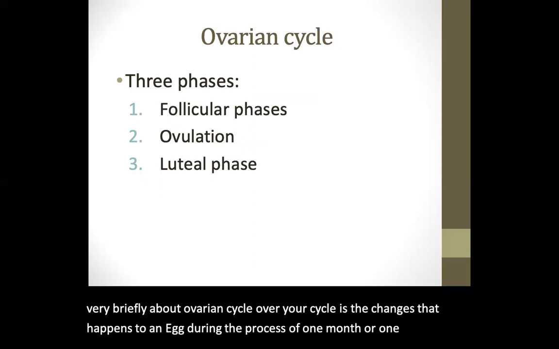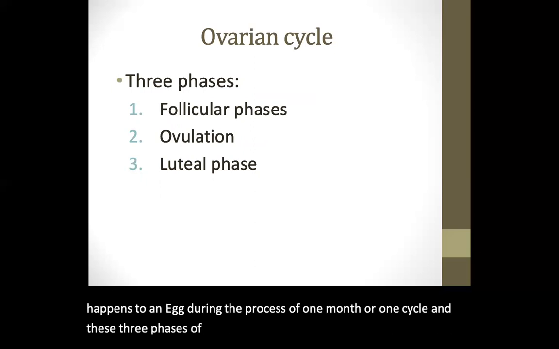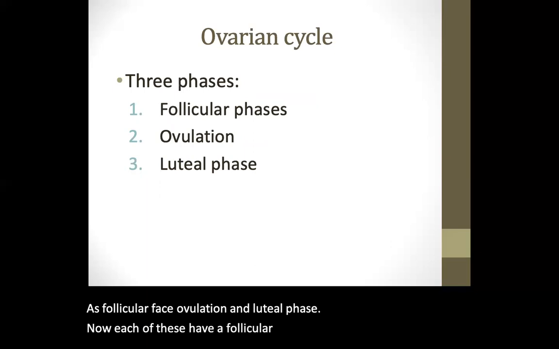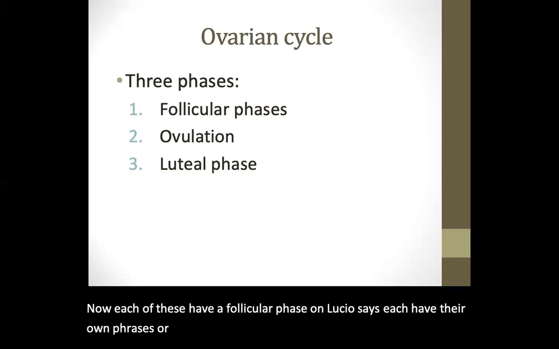And these 3 phases of the ovarian cycle are identified as follicular phase, ovulation, and luteal phase. Now, follicular phase and luteal phase each have their own smaller segmentations within them. So let's go ahead and talk about those.